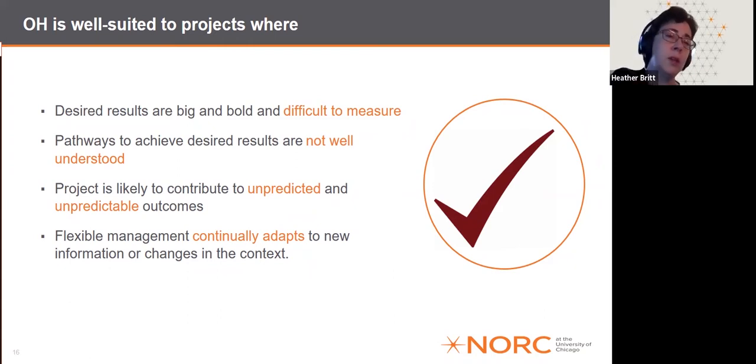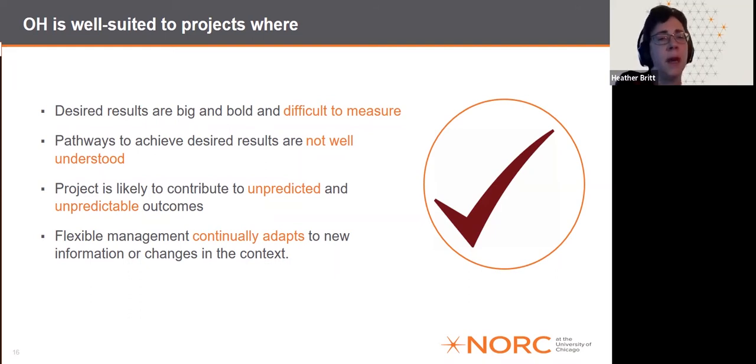Another situation in which it's well suited to outcome harvesting is when you're working in a project in which the desired results are big and bold and difficult to measure. We know the general direction we're headed, but we don't have a lot of specificity to draw on, right? And measurability frequently relies on us being specific. So the pathways to achieve the desired results are not well understood.